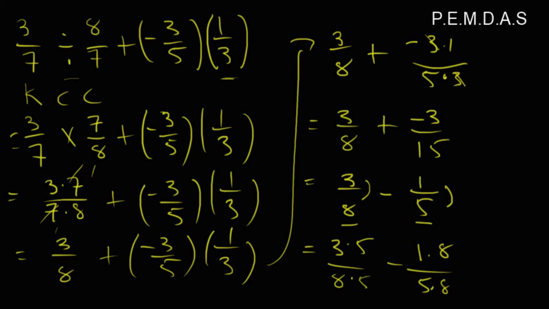So that's going to be 15 over 40 minus 8 over 40. So that's going to be 7 over 40. No common factors between those two, so that's the answer in simplified form.